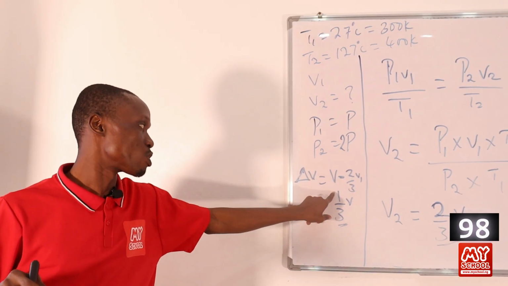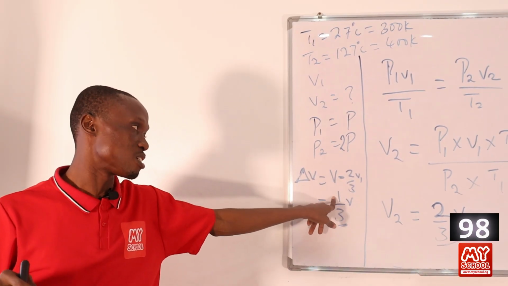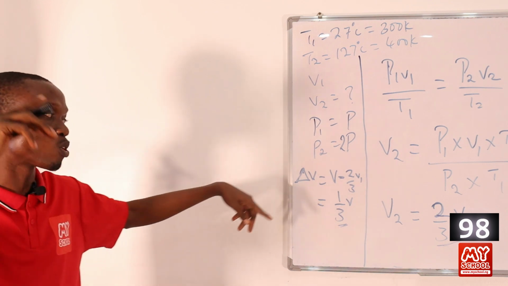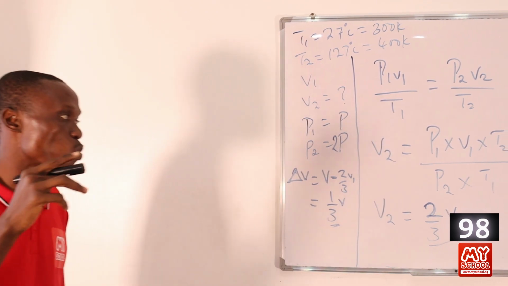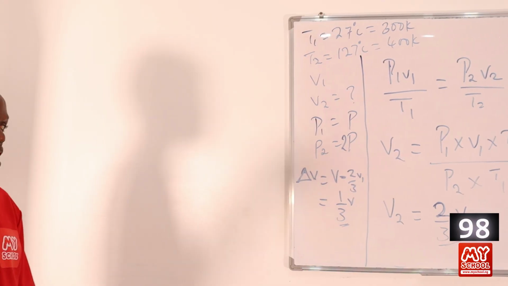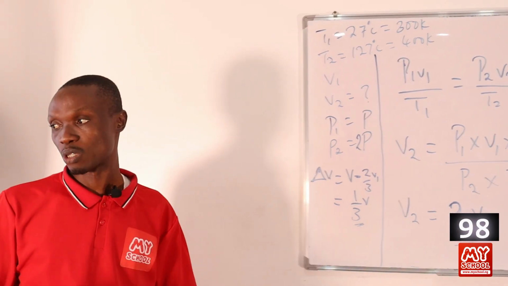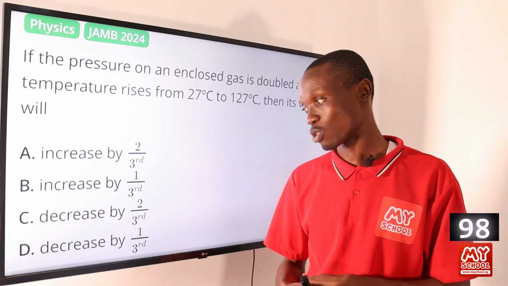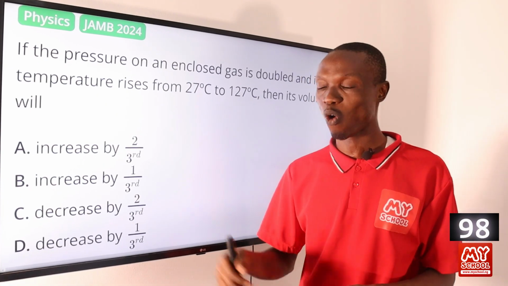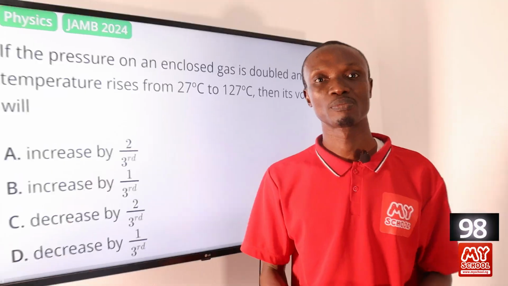Having this as the decrease means that our calculation is correct, meaning that the final volume is actually 2 over 3 of the initial volume. That is why we choose option D as the correct answer to this question, decrease by 1 over 3 of the initial volume.